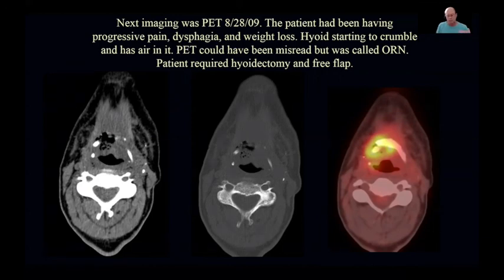Of course, this is angry because it's secondarily infected, and this patient required a hyoidectomy and a free flap.